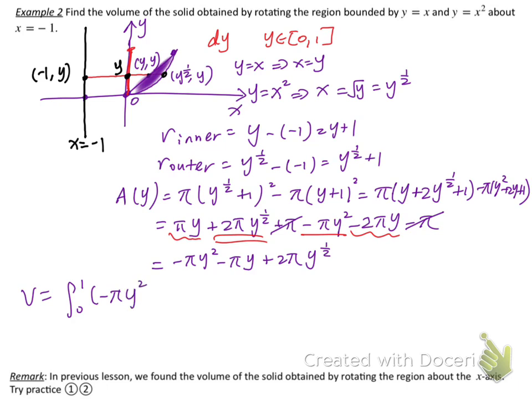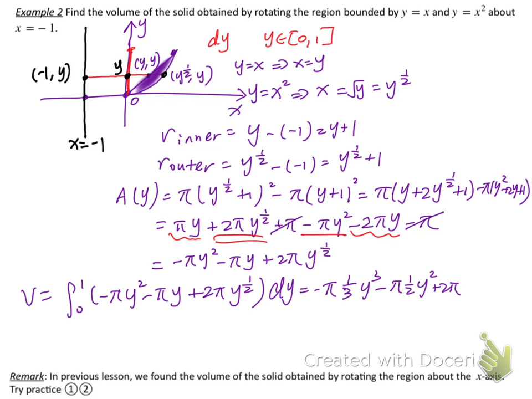the cross section area dy. Now, power rule. Negative pi y to the third power, then flip it, a third, minus pi y to the second power over 2, plus 2 pi y to the 3/2 power over 3/2, and evaluating from 0 to 1.